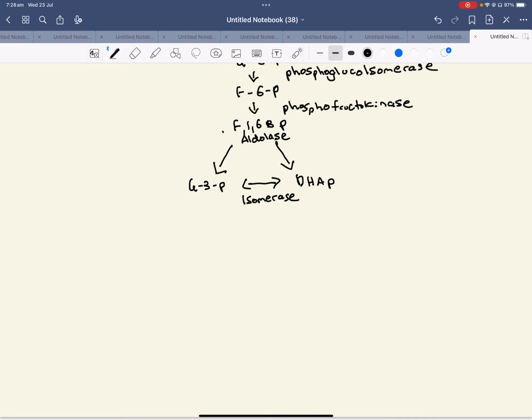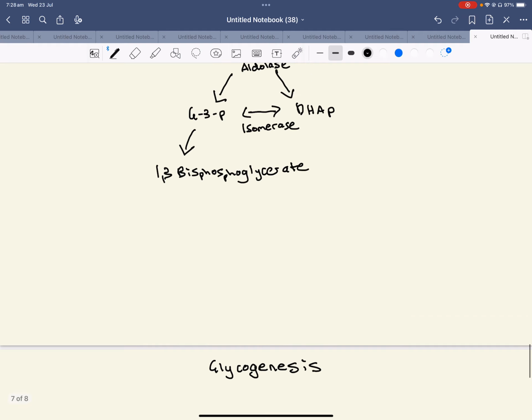But what happens with the G3P is it's converted to 1,3-bisphosphoglycerate. Okay? And then this is then converted to 3-phosphoglycerate.